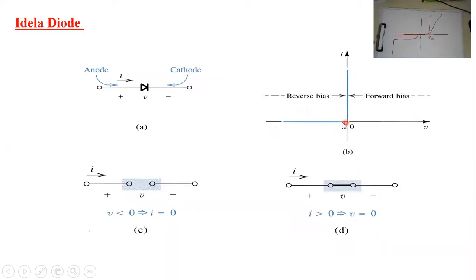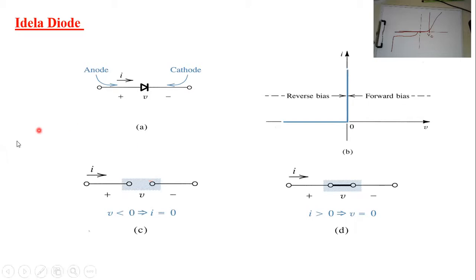And whenever you have a horizontal line, that means you have a zero slope, which is an infinite resistance. So simply, whenever you are dealing with an ideal diode, you have two conditions, a reverse condition or a forward condition.